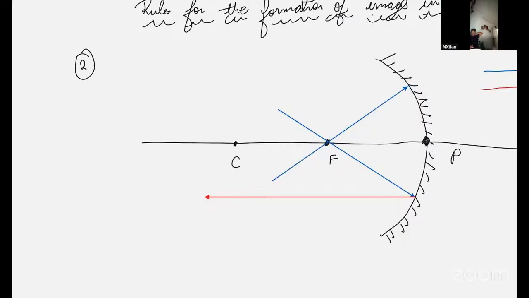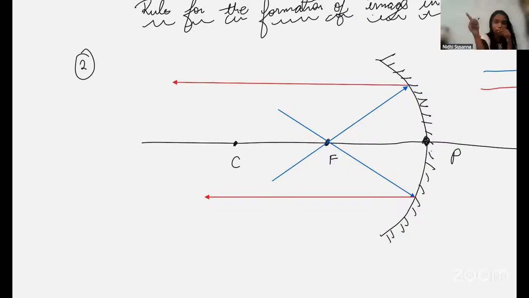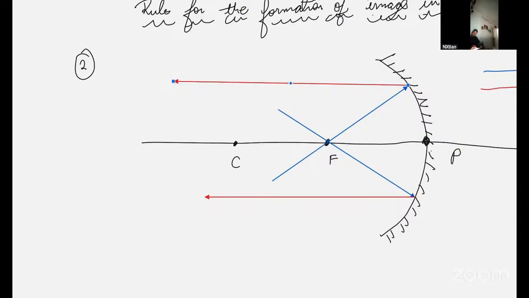Now, in every case, if it is parallel to the principal axis, it will go through focus. If the incident ray, the blue line, is going to the focus, then it will become parallel to the principal axis. It's going to look like that. Yeah, but my question is, in every rule, are there two incident rays and two reflected rays, or can we differ that? No, two. In every case, two.